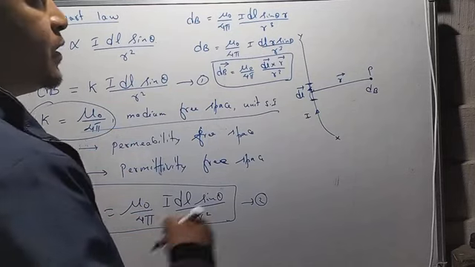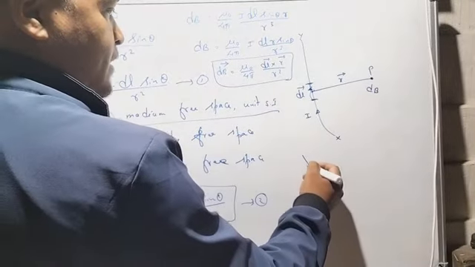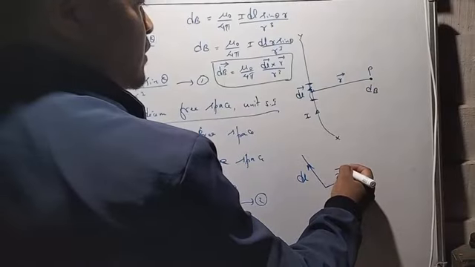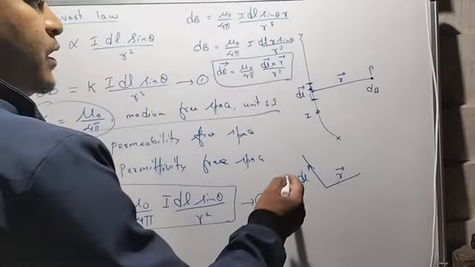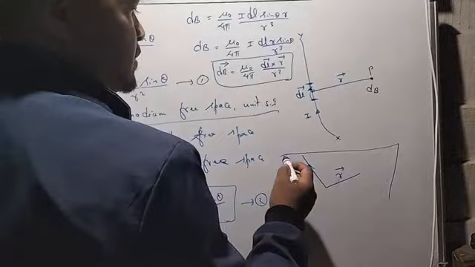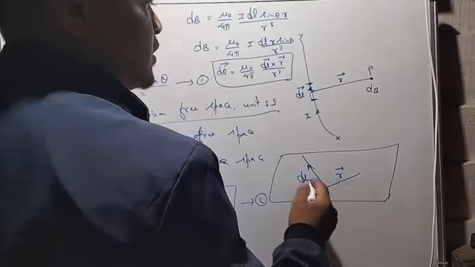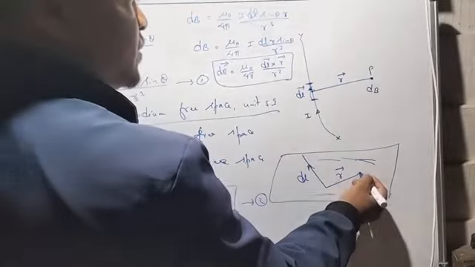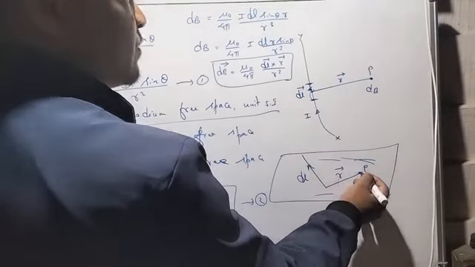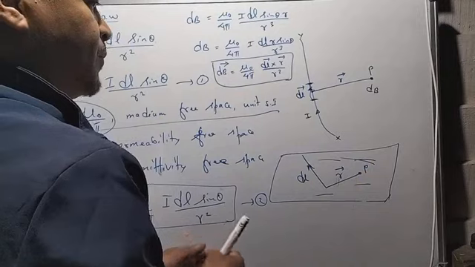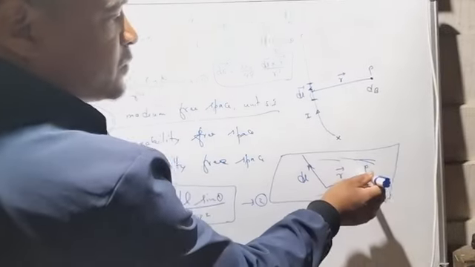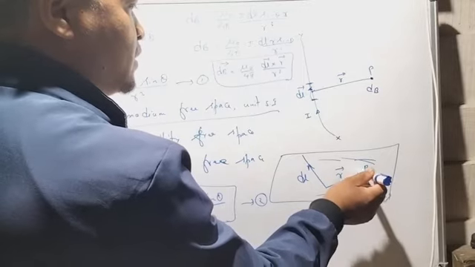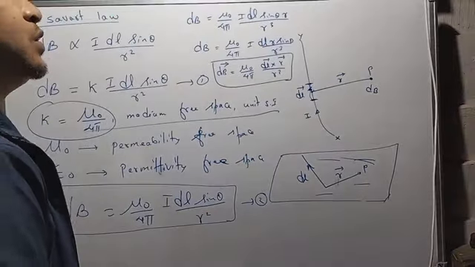This means that if this is dl acting in this direction and this is r acting along this direction, and these two vectors lie on this plane, then at this point P the direction of the magnetic field is perpendicular to the plane, directed inward, into the plane of the board.